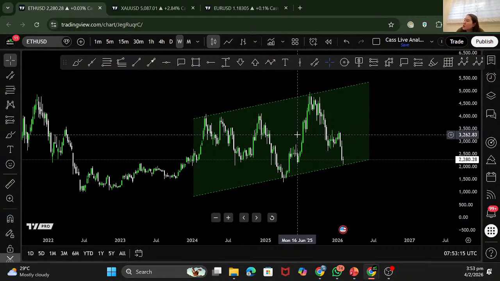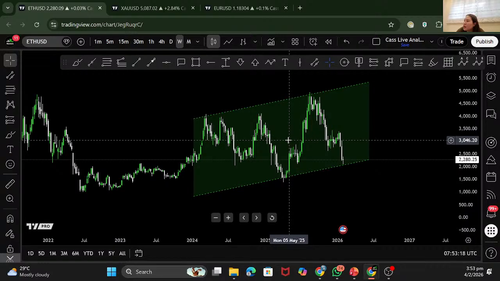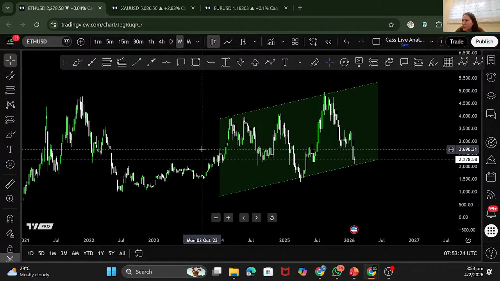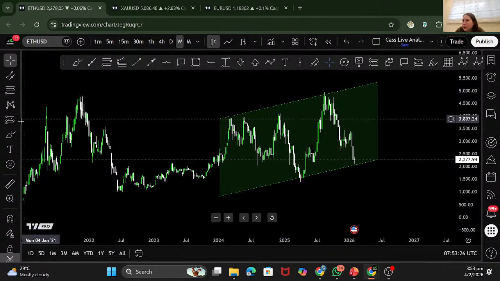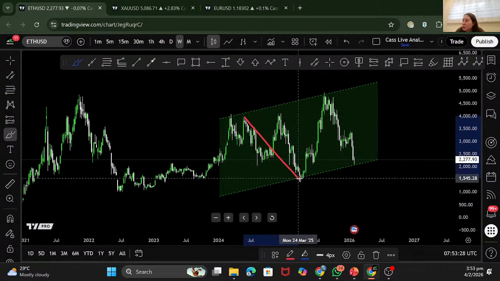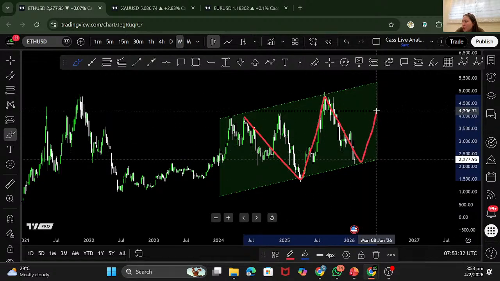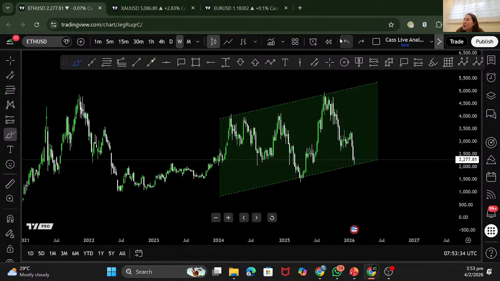Okay, if this is a valid channel, right? If this is a valid channel, technically price is going to pull down to like the bottom of this channel and then kind of reverse somewhere around here, right? But we cannot assume this is a valid channel because we're assuming it's going to form the channel.